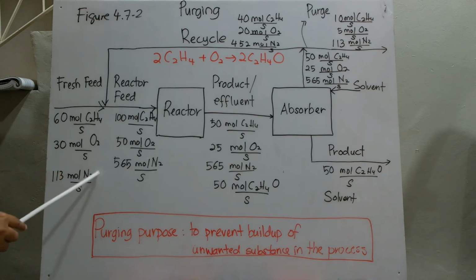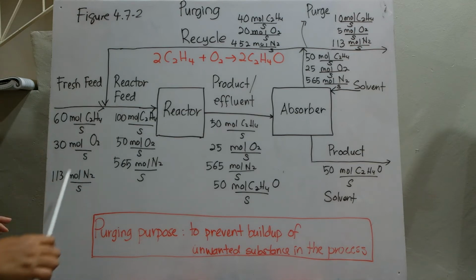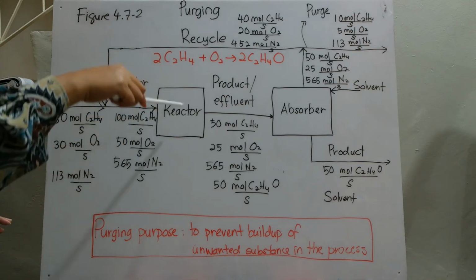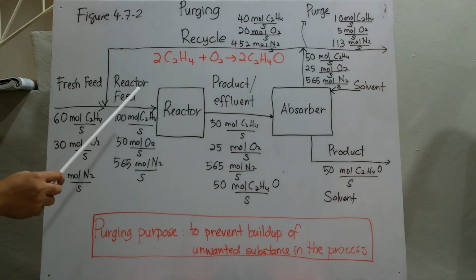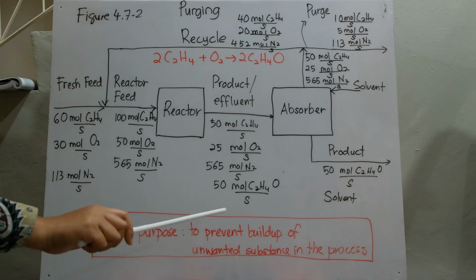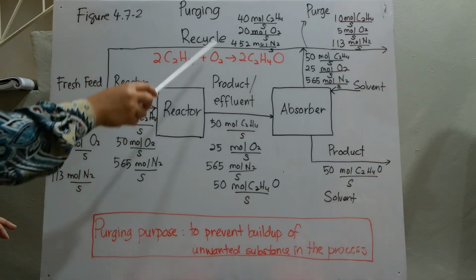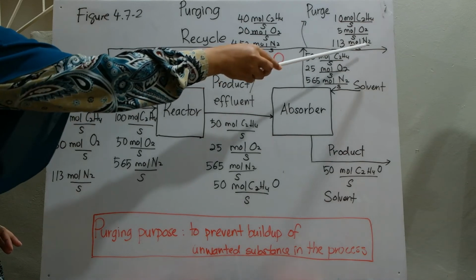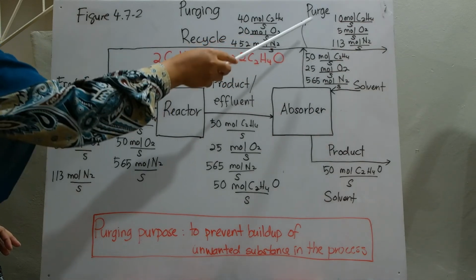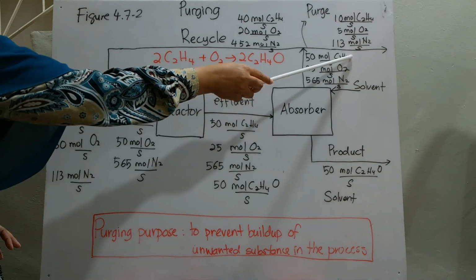As an unwanted compound, as time increases, it will cause accumulation of nitrogen in this process. Therefore, it will not be good for the whole process. We need to purge out nitrogen. So in order to purge out nitrogen, we have to add a purge line here. The purpose of this purge line is to remove the unwanted substance from the process.